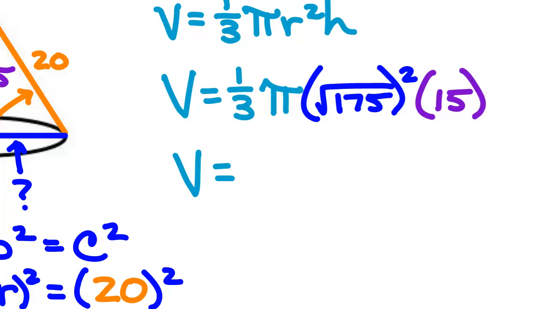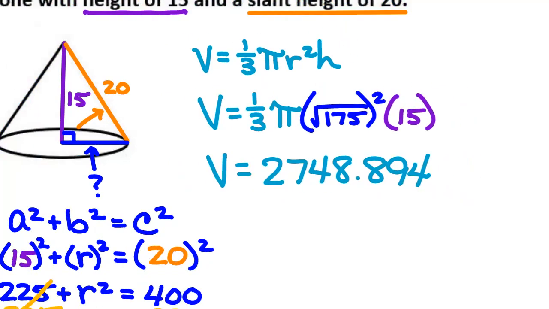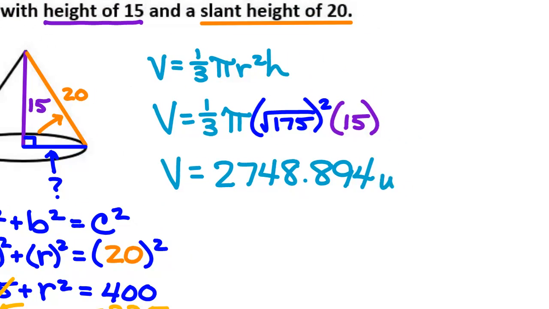Remember, the radius has to be squared. What do we get for our volume? 2,748.894 when we round that to 3 decimal places. That would be units cubed then. Ruby, were you able to get that now? Awesome.